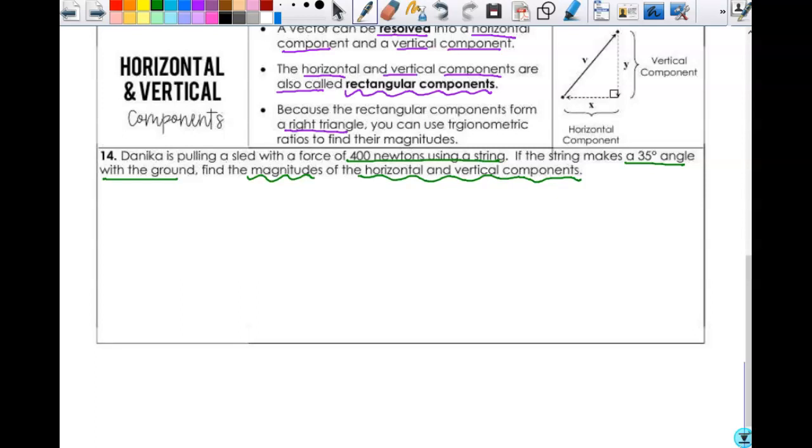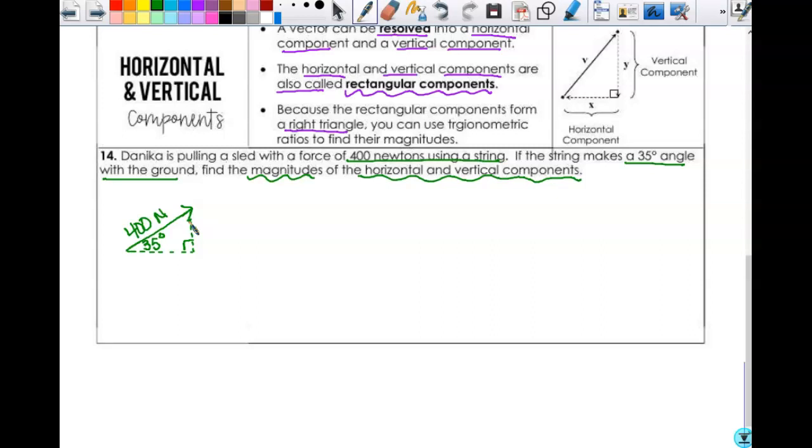And the string makes a 35-degree angle with the ground. So here's the ground. Here's the string. This is 35 degrees. This is 400 newtons. And what I want to know is the horizontal and vertical components of this vector.